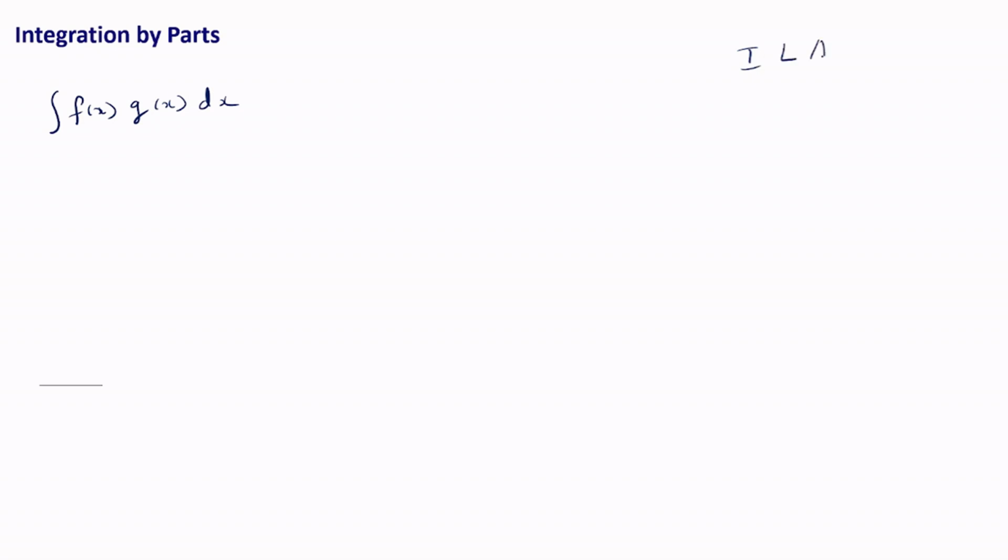So we have to take it in the order of the function given by ILATE. Here I stands for inverse trigonometric functions, L stands for logarithmic functions, A stands for algebraic functions, T stands for trigonometric functions, and E stands for exponential functions. So here we have to take the first function.